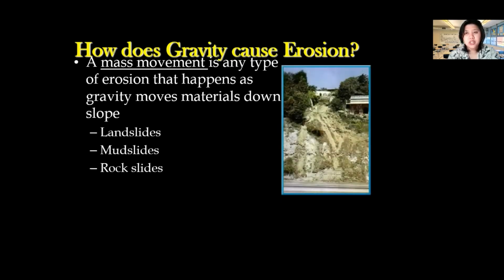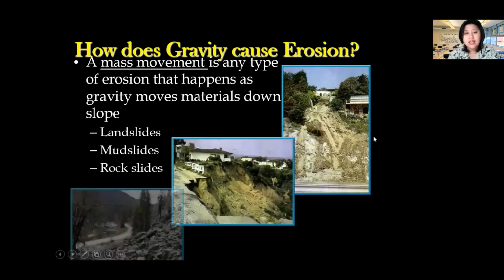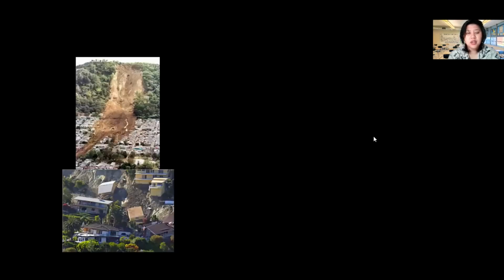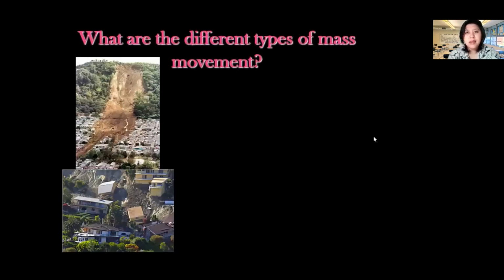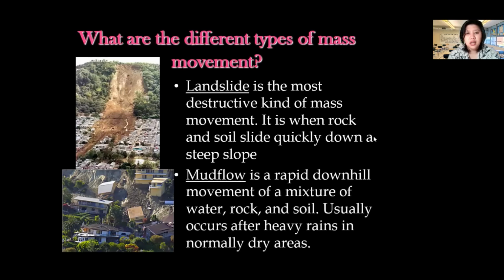So here are the images or examples of mudslides, landslides, and rock slides. Moving forward, this mass movement could rapidly go downhill via mud flow or could be really destructive to any kind of property because of the speed of going down the hill or because of the location of the landform.